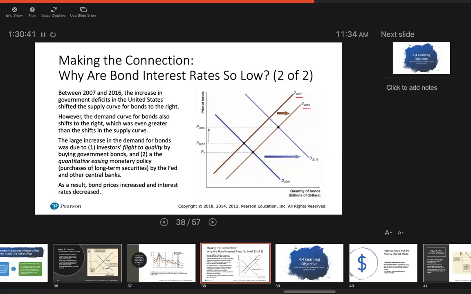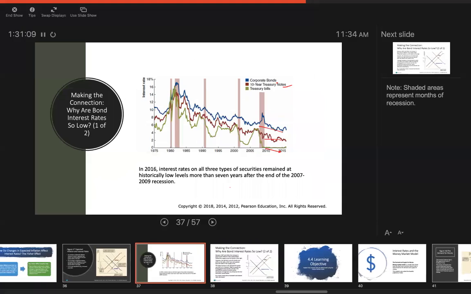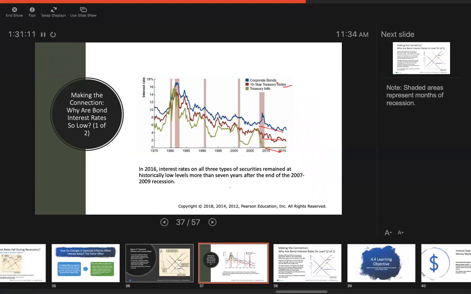In response, in order to finance all these new relief programs that the government needed to put in place to rescue the economy, they issued a lot more bonds, but the demand for bonds far outstripped the supply of bonds. As a consequence, the price of the bonds has risen dramatically. As the price of the bonds has risen dramatically, prices and yields, interest rates, move in opposite directions. The interest rates that you receive on these bonds have fallen dramatically, and that basically is what you're seeing here.